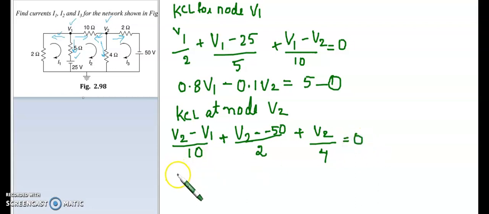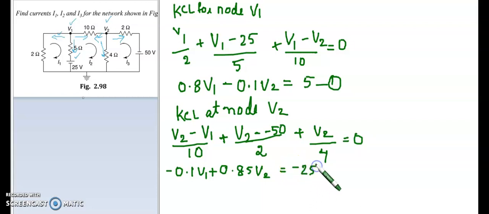And now we can rearrange this equation as minus 0.1 V1 plus 0.85 V2 is equal to minus 25.